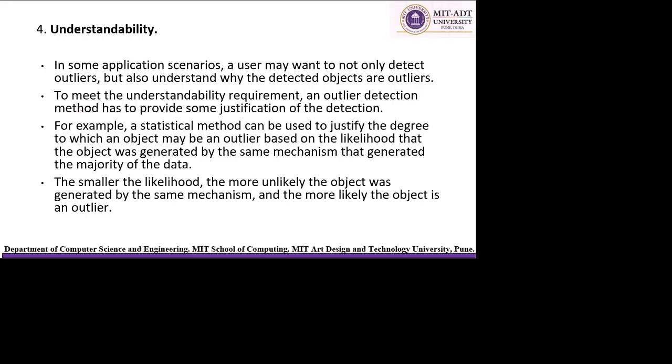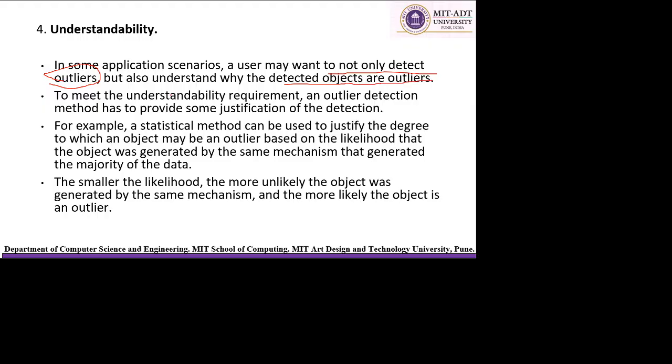The fourth challenge is understandability. In some application scenarios, the user may want to not only detect the outliers but understand why these data points are appearing as outliers, why they are not normal, why they are out of the box. So why the detected objects are outliers.